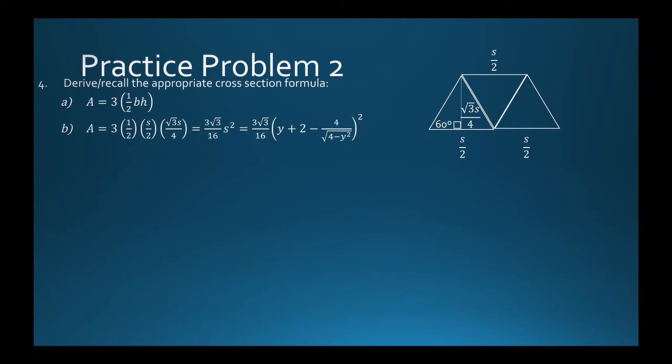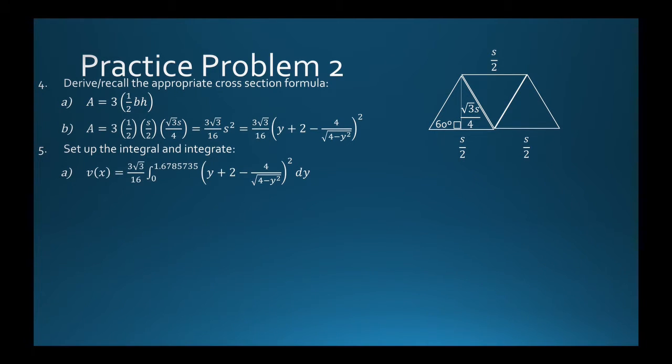S was found to be y plus 2 minus 4 over the square root of 4 minus y squared, so we'll substitute that in and get that the area can be represented by 3 root 3 over 16 times y plus 2 minus 4 over the square root of 4 minus y squared, all squared. Now we just have to integrate.